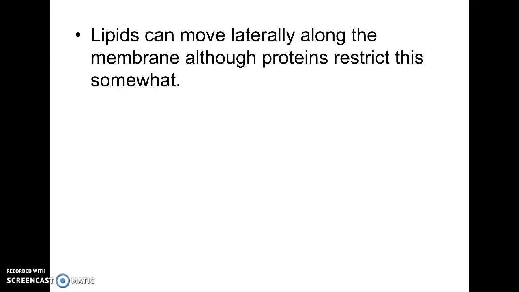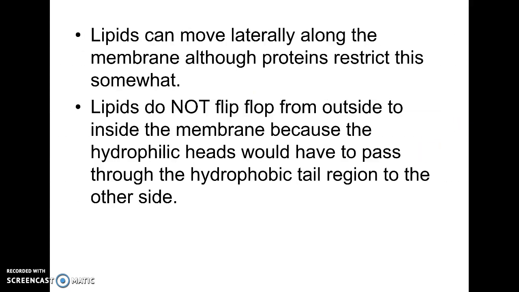Another thing is that the lipids can move around. Again, we usually think of the membrane as being some kind of a solid, like a sac around the cell. But that's not really what it's like.